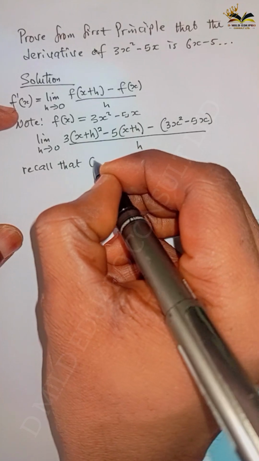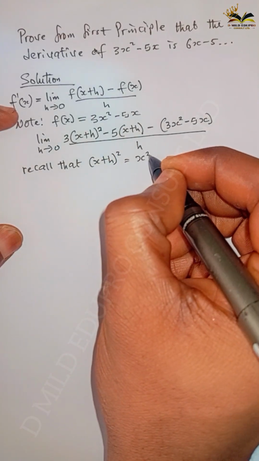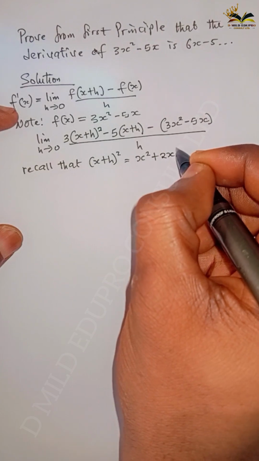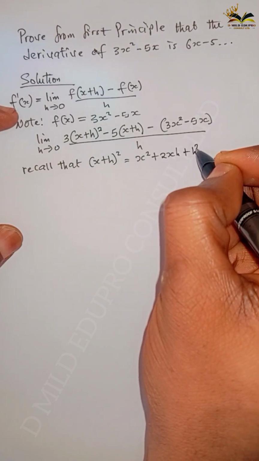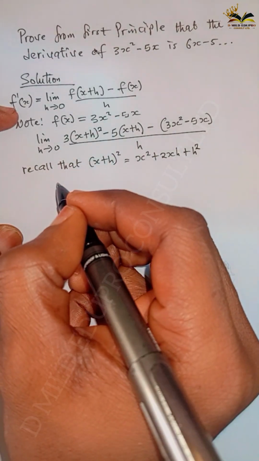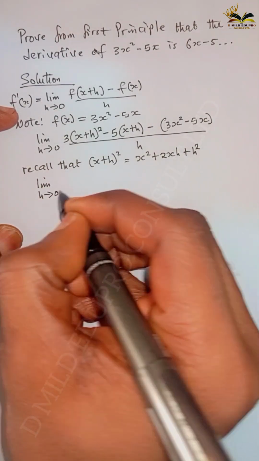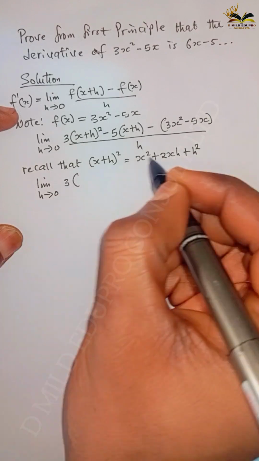And when you simplify that, you are going to have x squared plus 2xh plus h squared. So we'll replace that with x plus h raised to power 2. And don't forget that x plus h raised to power 2 is being multiplied by 3.